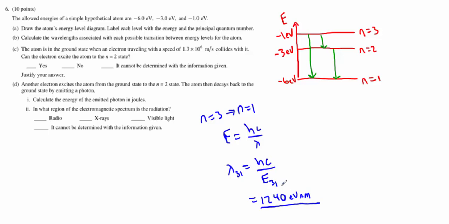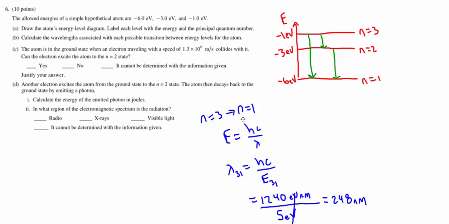And then we're going to divide that by the energy exchange from 1 to 6, which is 5 eV. Your eVs cancel out. That means it's going to leave our wavelength in nanometers, which is perfectly appropriate. And we're going to get 248 nanometers. That's going to be the first. We have to do this 2 more times.